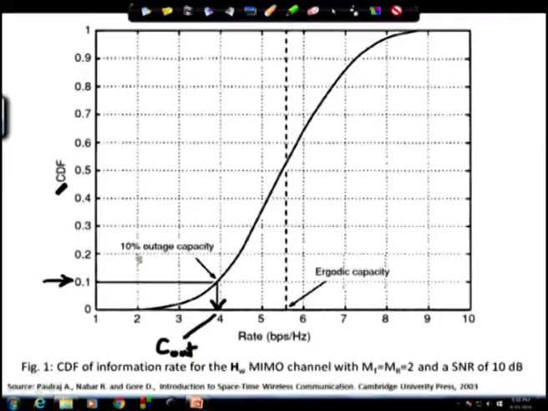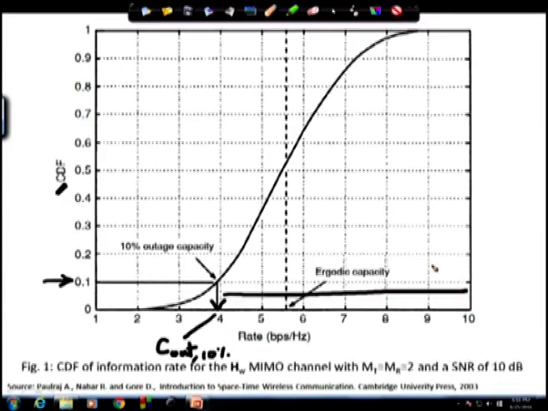So in this case we have taken the 10% outage capacity. So what we are seeing is that above this is 90%. So basically this side is 90%. That means 90% of the time the capacity is in this range. So this is a very important value, and it determines the lowest point in performance.